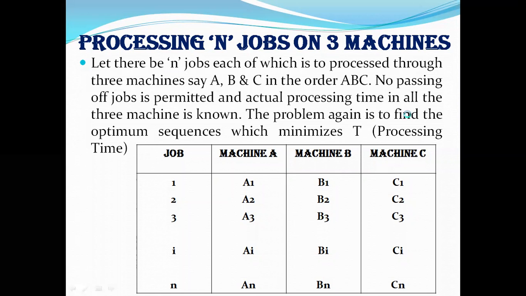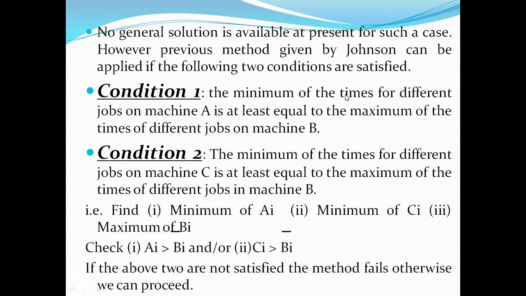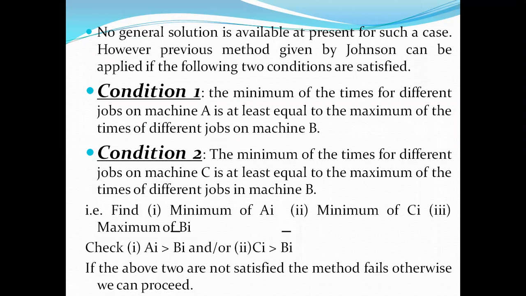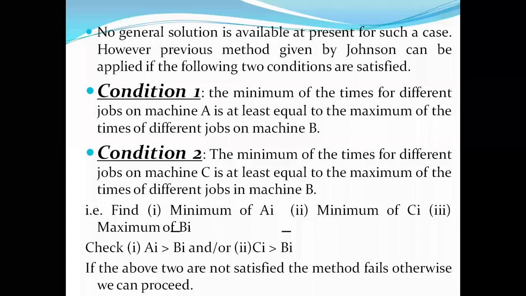And hence, we have different kinds of conditions. Based upon those conditions, no process should be crossed out and no passing rule is accepted. That we have already learned in our regular guidelines or regular steps of solving the problem.